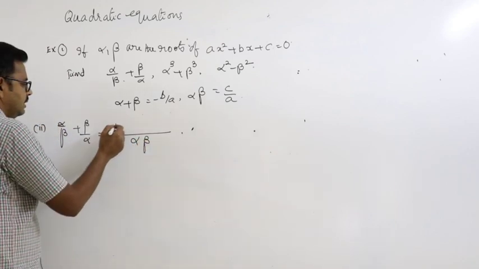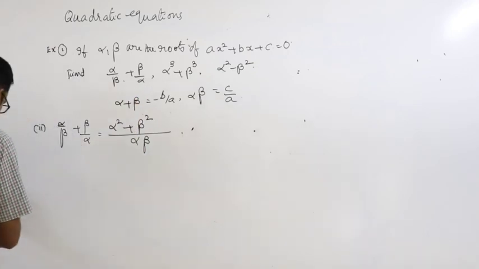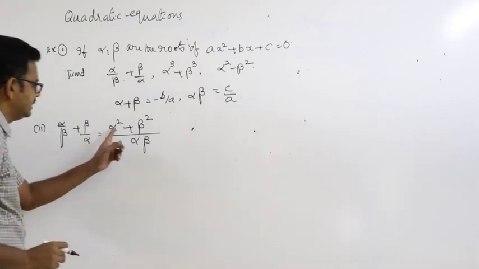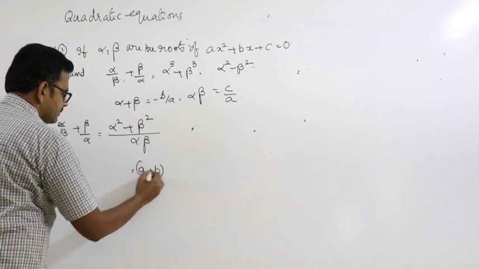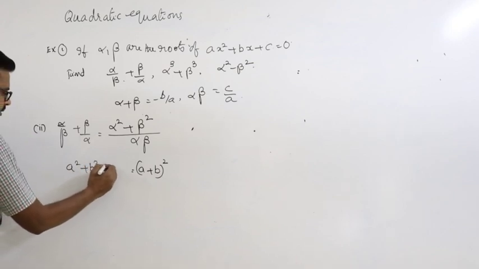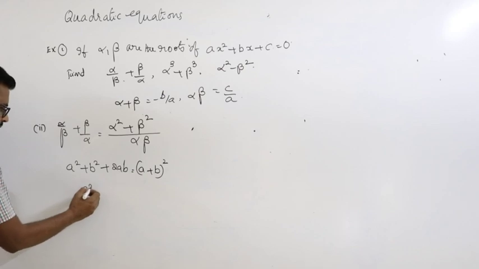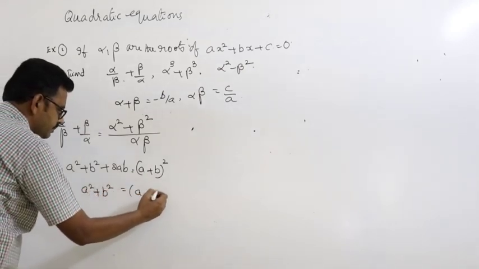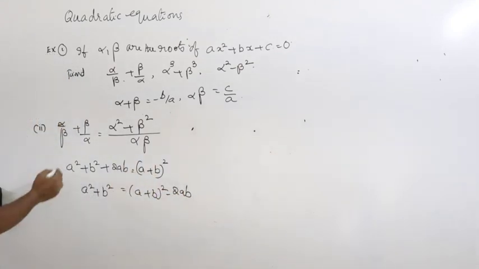So it is alpha square plus beta square by alpha beta. Already we discussed earlier the formula for a plus b whole square: a square plus b square plus 2ab. From this, a square plus b square is equal to a plus b whole square minus 2ab.